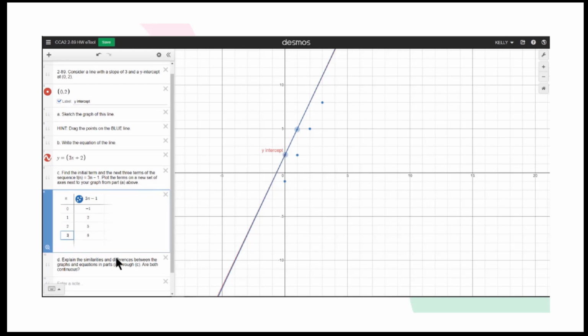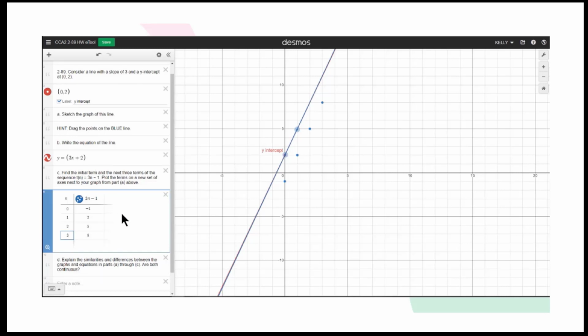Are both continuous? Well, if you look at the equations, both are linear. They're both in y equals mx plus b form. But this is a sequence of things that are allowed to be in this particular group. So it's not an actual line, okay? This line is continuous. This goes on into infinity, positive and negative, obviously in both directions, all right?